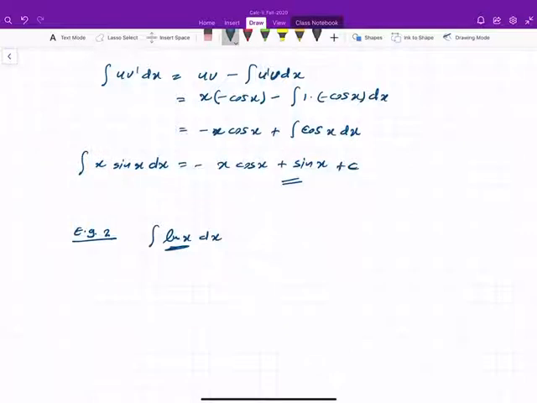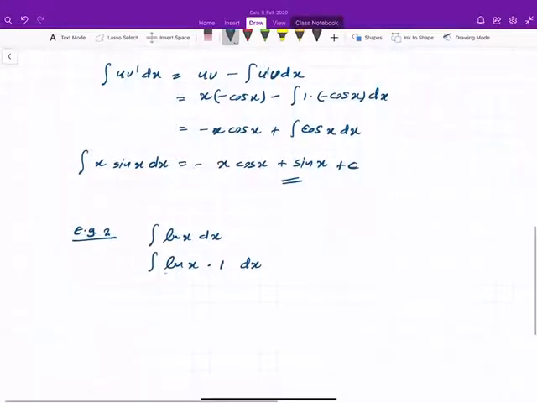For that, you can make a small arrangement like this. I'm going to rewrite the given problem as ln x times 1. No problem with that, because I'm just multiplying ln x by 1. Now you have two functions. This is the first function, 1 is the second function. That's a small trick that I performed here.